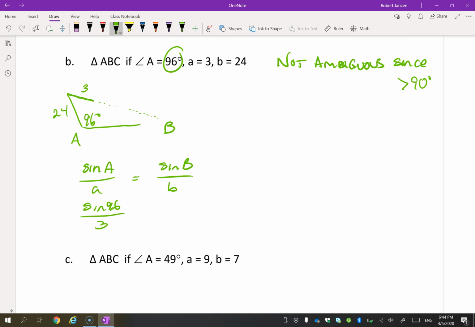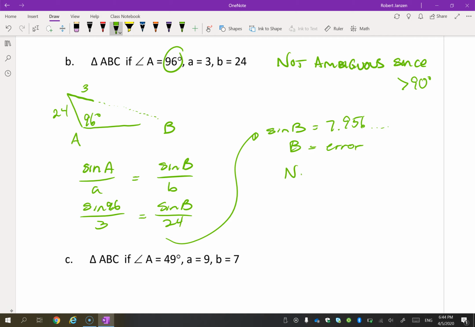Sine 96 over 3 is sine B over 24. Sine B would be 7.956 something, and so it's going to say error because you can't do that. So we'll say no triangle.